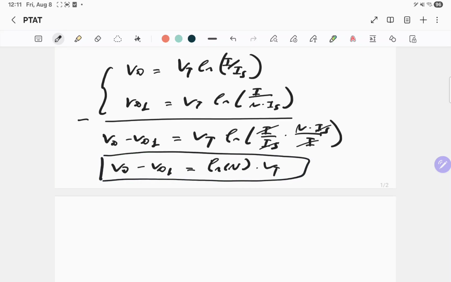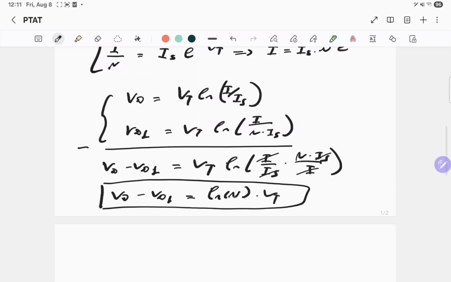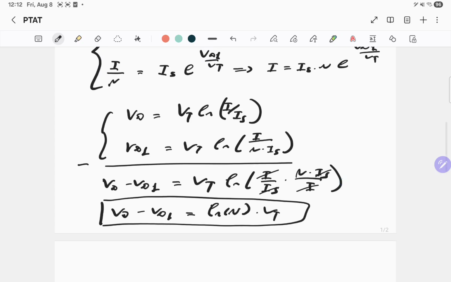And here we notice that the N was just the number of the diodes, so log of N is a constant, and Vt was the thermal voltage, which, as we said, was a PTAT voltage reference.